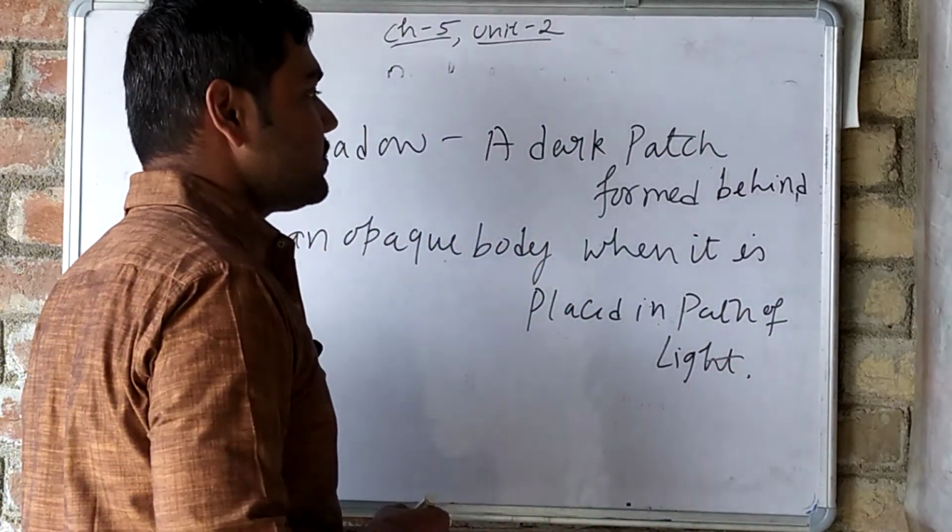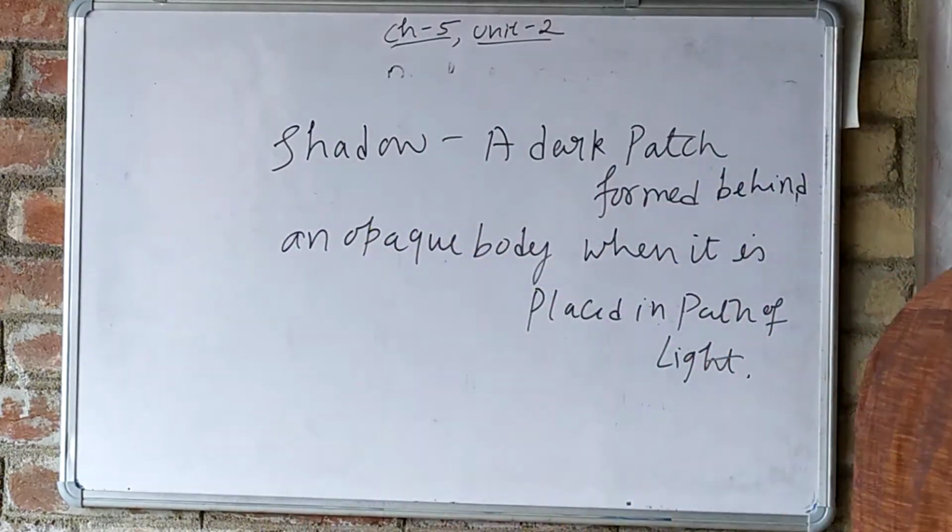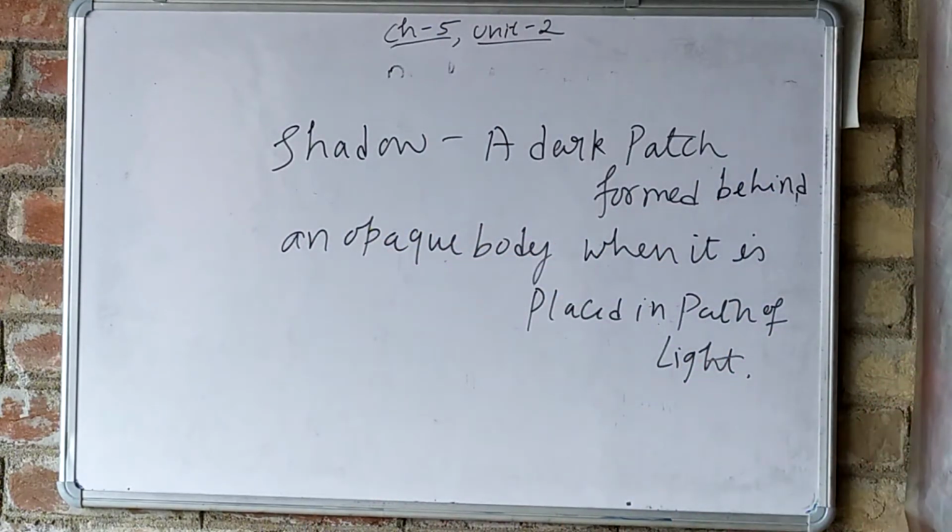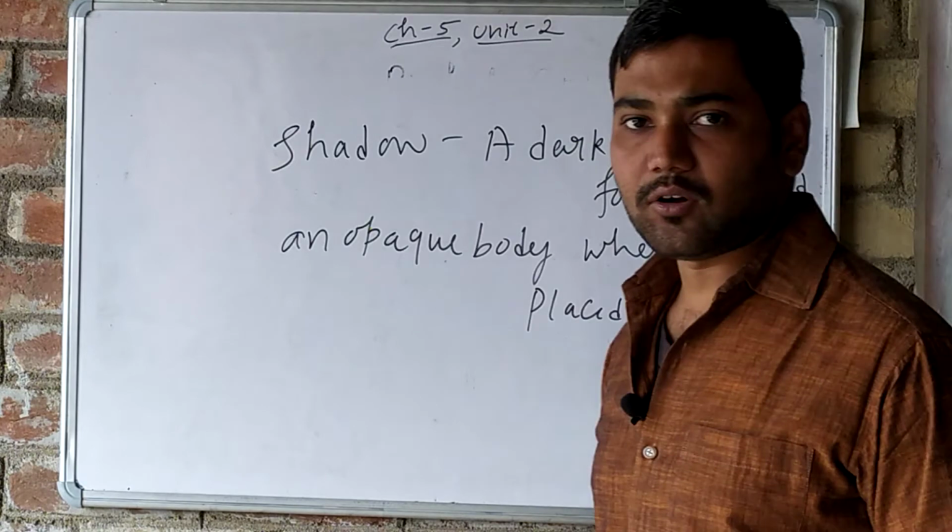A dark patch formed behind an opaque body when it is placed in the path of light is known as shadow.